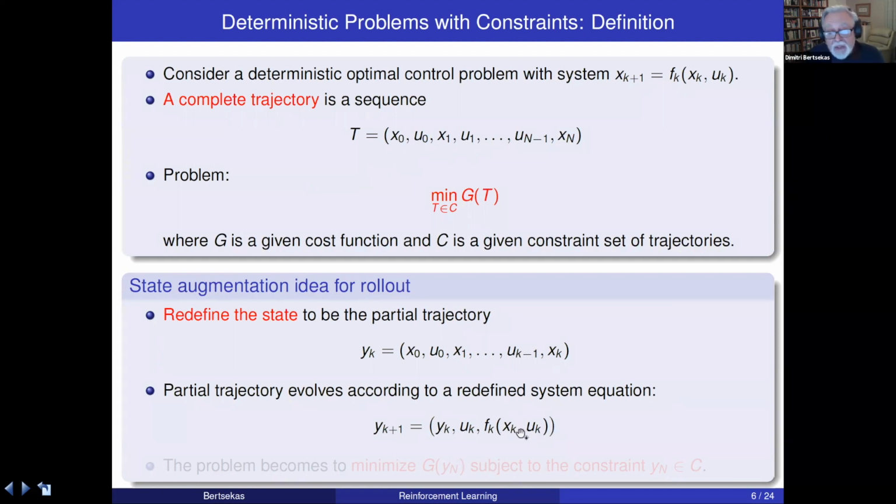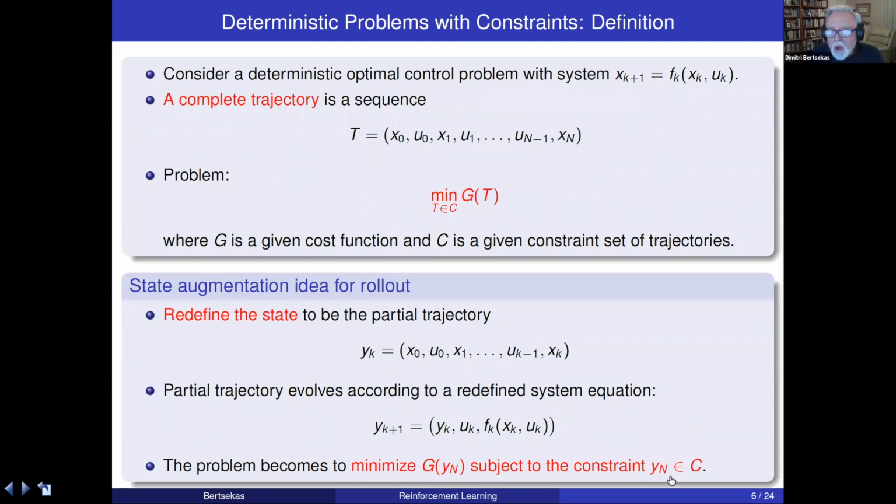Okay, so the new partial trajectory at time k plus 1 is obtained from the old by adding the control and by adding the new state. And now the problem becomes to minimize the cost at the final state of this system subject to a final state constraint.